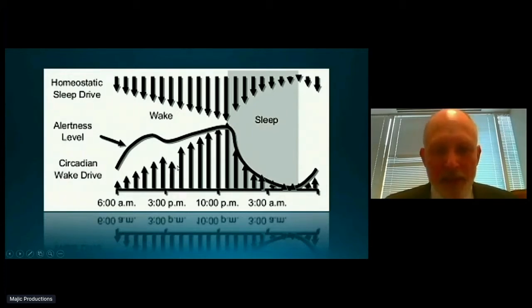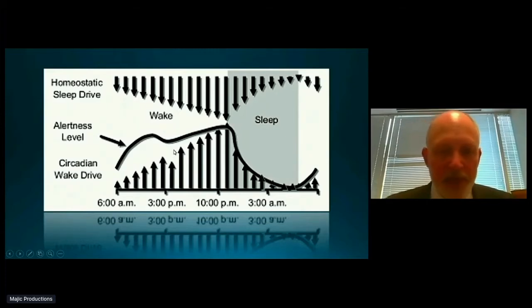But you get this little dip around 3 p.m., which is kind of when the British drink their tea and the Spanish take their siesta. So then, after that, in the early evening, you get more of an alerting signal until it's bedtime. And then there's a pretty rapid fall off of this, and so there's no more support.